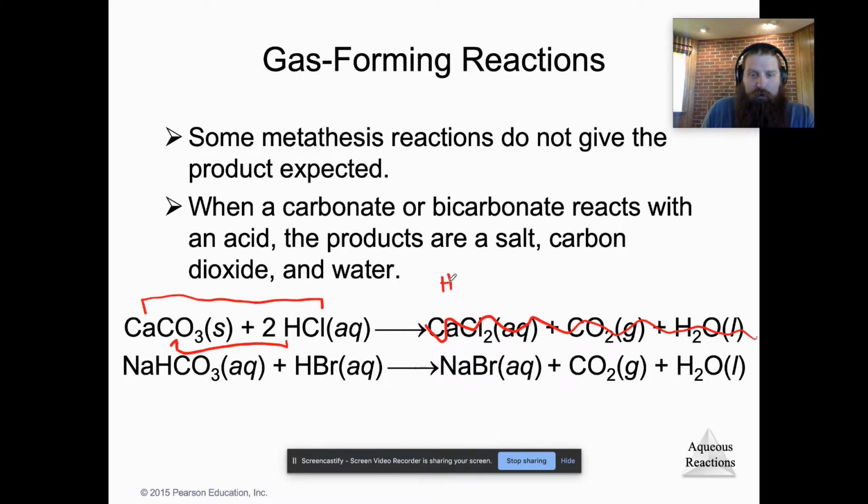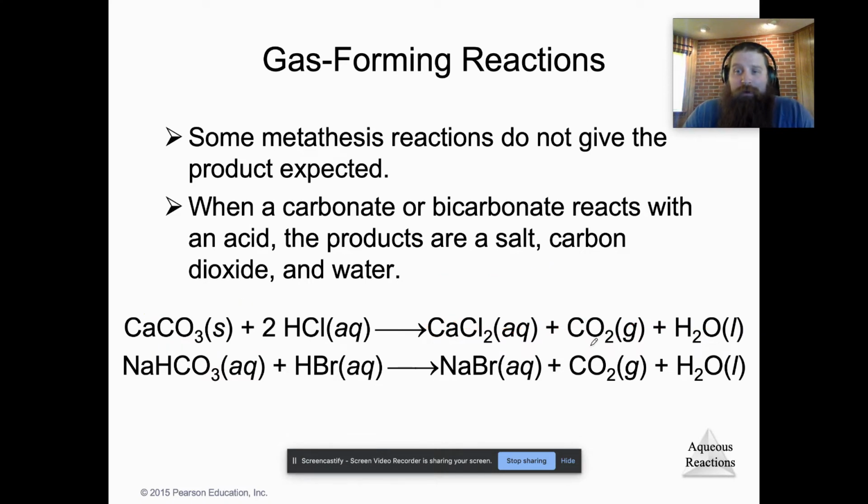So I should get H, and we know CO3 is carbonate, and I'll get CaCl, and this would be 2. There we go. Well, that's not what we get, all right?